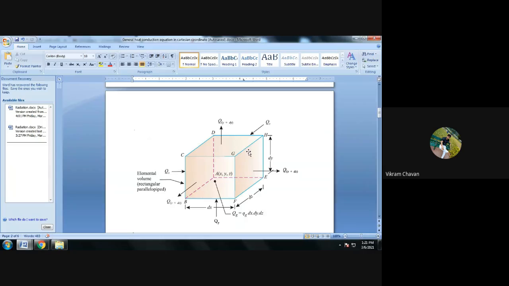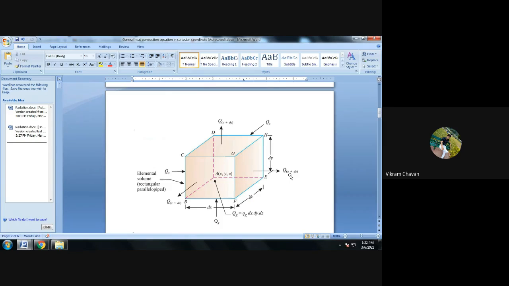From the opposite faces, heat is leaving this particular element. So there will be some changes in the heat, and that change we have to consider as Q suffix x plus dx.